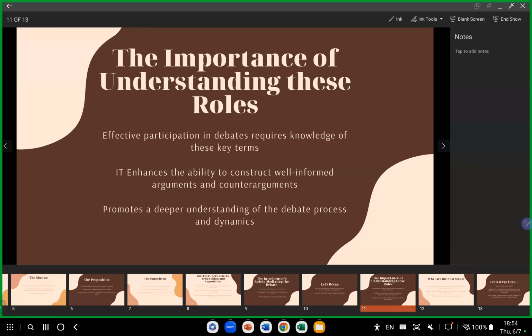And finally, it promotes a deeper understanding of the debate process and dynamics. So the more we understand about these important roles, the easier it's going to be to learn the rest of the rules of the debate. So the order that people speak in, how long they've got to speak, just all of these things is going to be so much easier to learn.